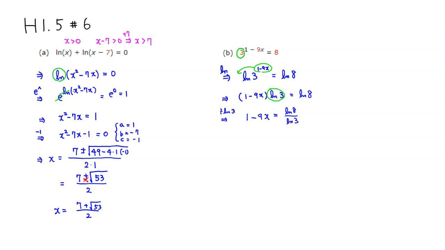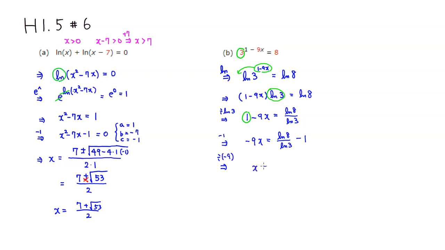After that, we can simply subtract 1 so that we can get rid of this. So we have negative 9x is equal to the natural log of 8 over the natural log of 3, minus 1. Then we can just divide through by negative 9.